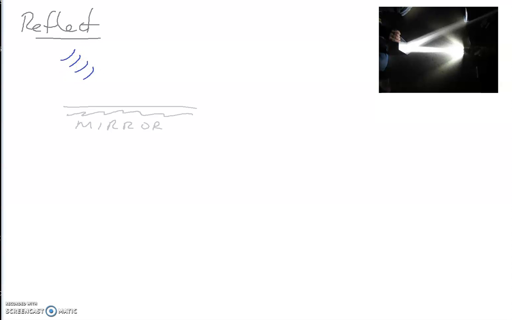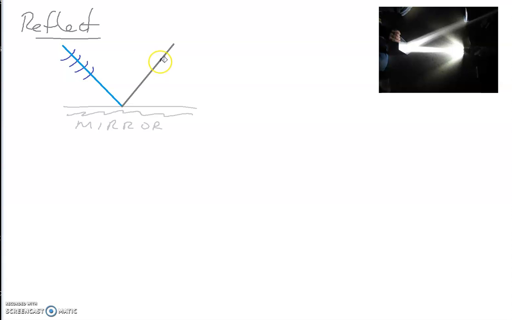It's a lot easier to draw a wave ray, which would look something like this. And of course, when it hits the mirror or the barrier, whatever it is, it's going to bounce off. And when it bounces off, it doesn't bounce off in any random direction.